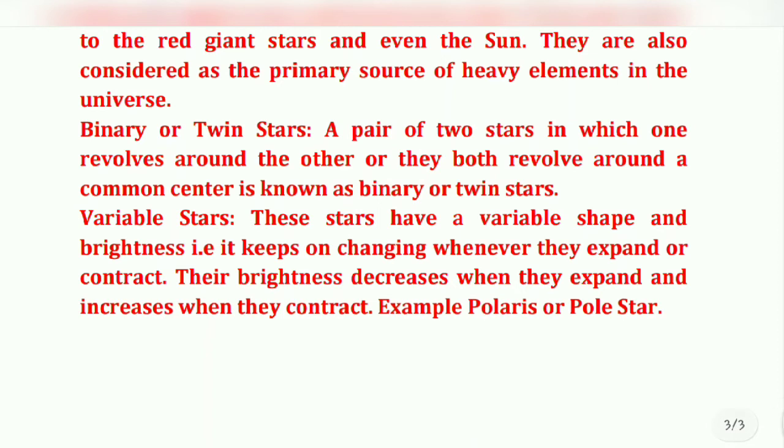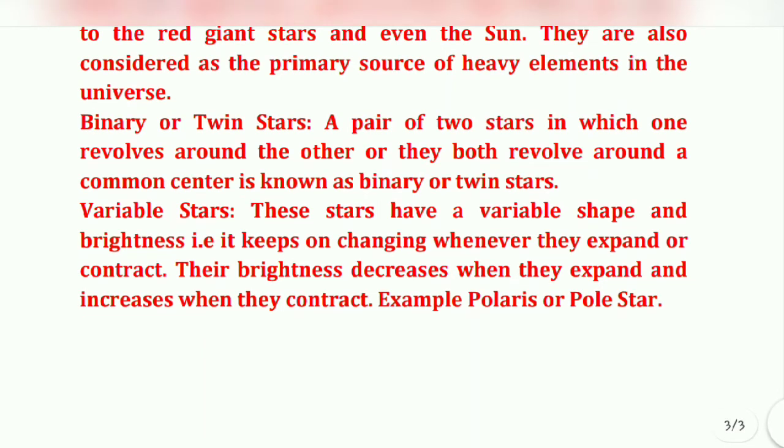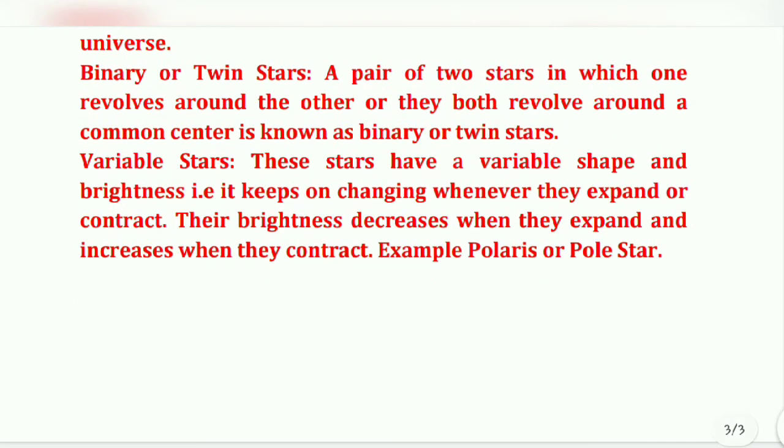Then variable stars, these stars have a variable shape and brightness, that is, it keeps on changing whenever they expand or contract. Their brightness decreases when they expand and increases when they contract. Example Polaris or Pole Star.